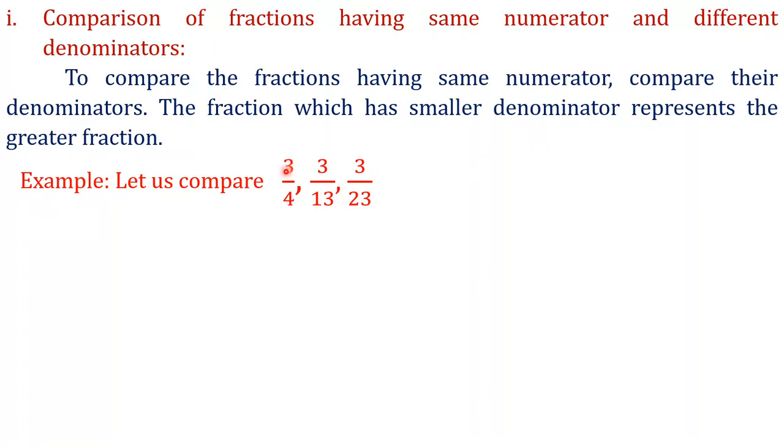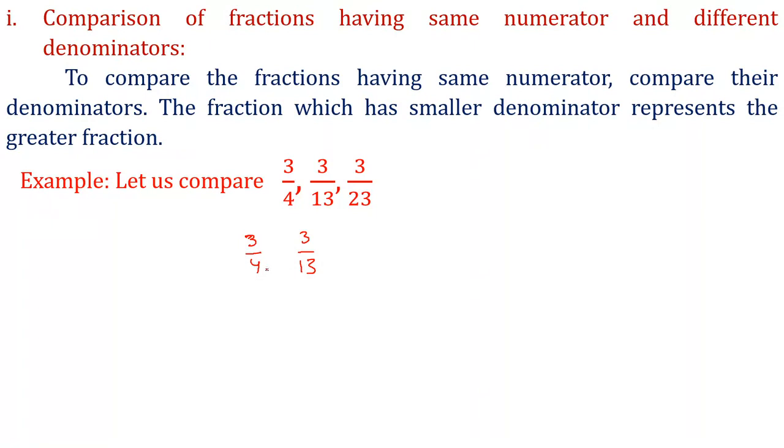Observe here, in the first fraction you have 3 by 4. First compare 3 by 4 and 3 by 13. Here the numerator is already equal.